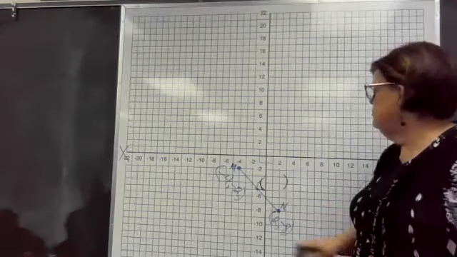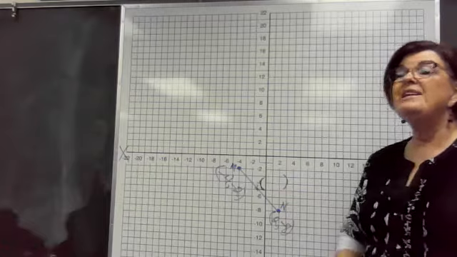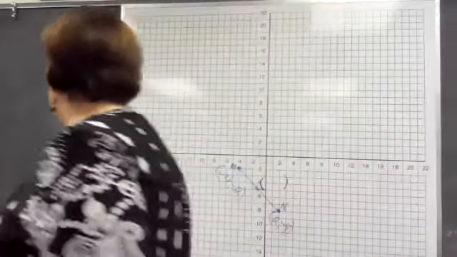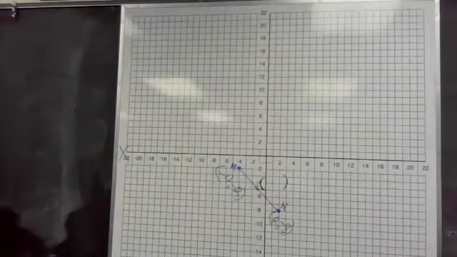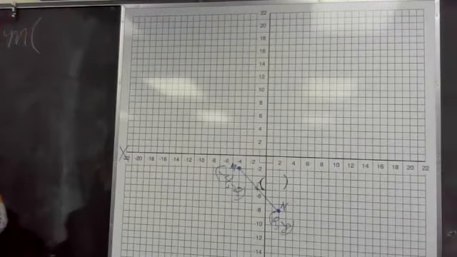Now, sometimes you could approximate it and say, it kind of looks like it's there, but we want an exact midpoint. This is kind of cool because it's very easy to do. Again, we're going to work with the same points.